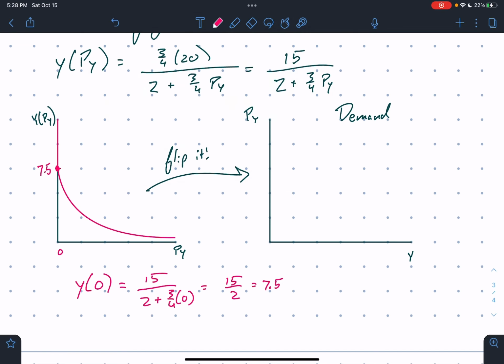So when the price of y is 0, so when we're down here, my demand for y is going to be 7.5.